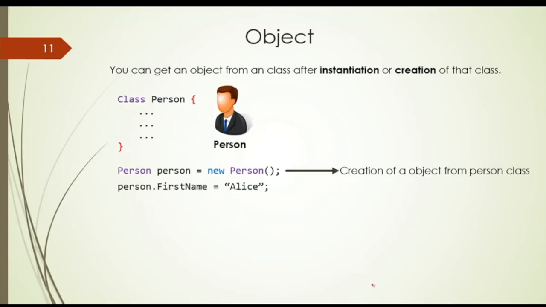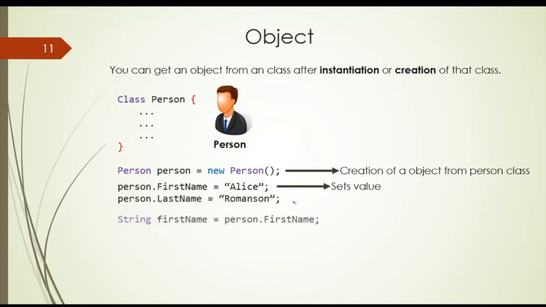So how can you set or change a property in a class? It's very simple. After creation of the object, write the object and put a dot, and you'll see the properties of that object. In this case we have first name and last name, so I just dot the person, and then I get the first name, and then I put a value, Alias, and this is how you set values.